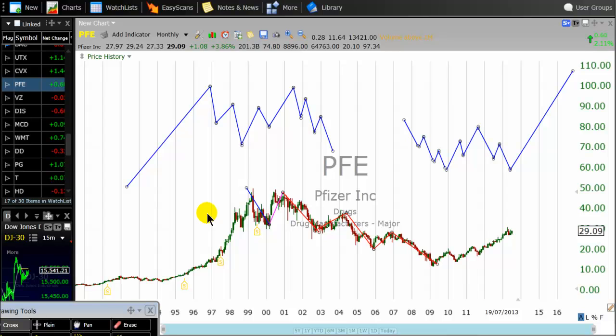So the A corrective wave can be divided into 5 subwaves, the B corrective wave can be divided into 3 waves, and the C corrective wave can be divided into 5 waves. The zigzag pattern formation is 5, 3, 5. If you have not watched the videos called zigzag correction and zigzag correction tips at www.24elliott.com, you may do so.